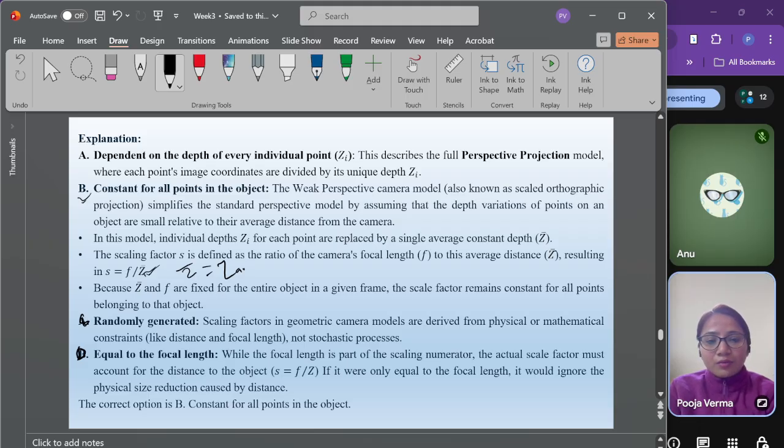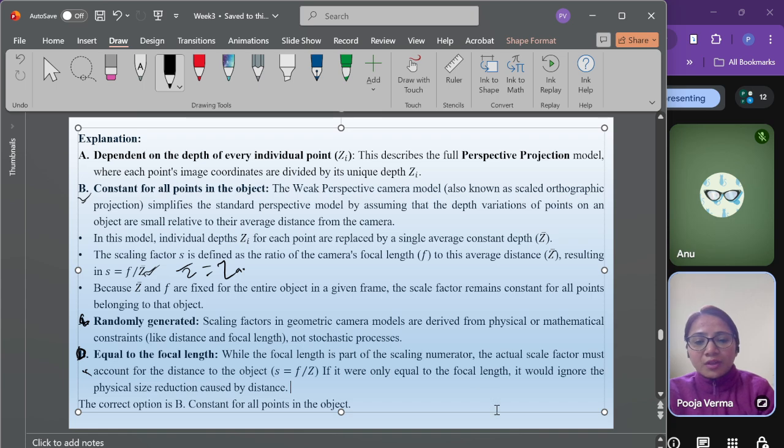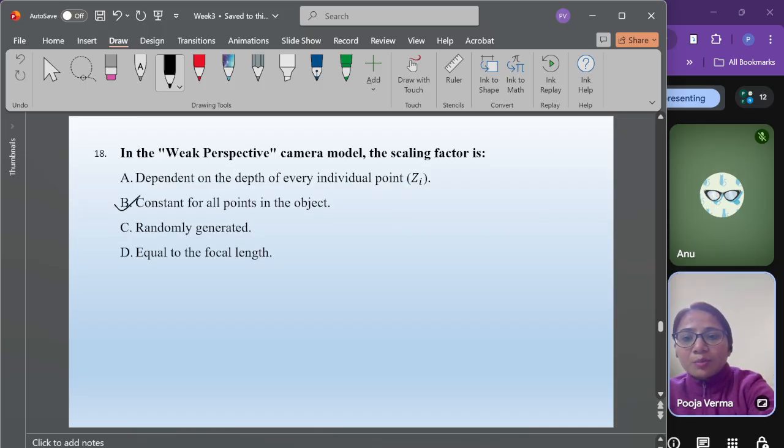If it were only equal to the focal length, it would ignore the physical size reduction caused by the distance. So it should not be a correct one. The correct option is option B, constant for all points in the object.